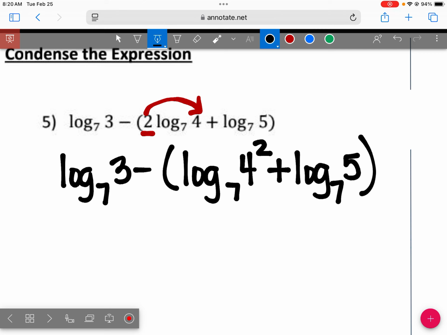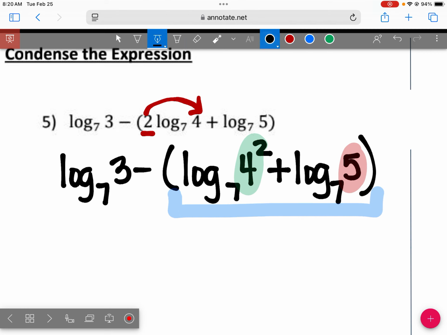So what I'm noticing is that I have addition. Because of the addition, that tells me that these two numbers are being multiplied. So I'm only going to condense this part right here.